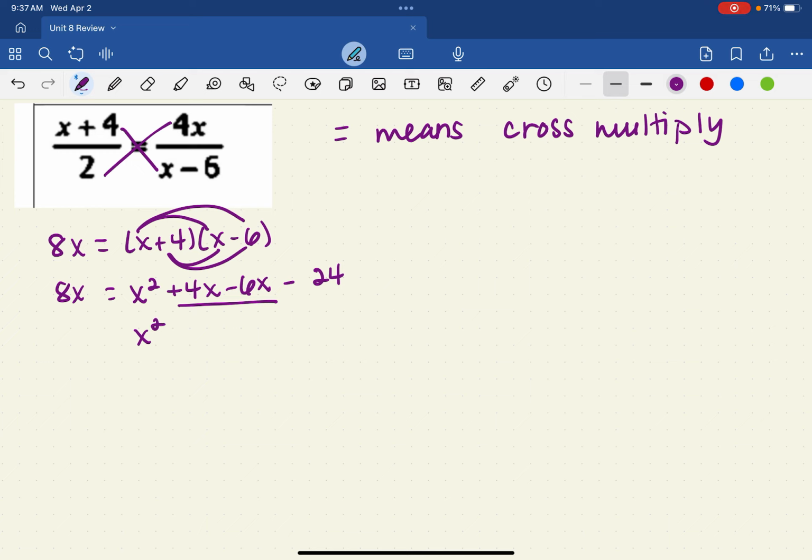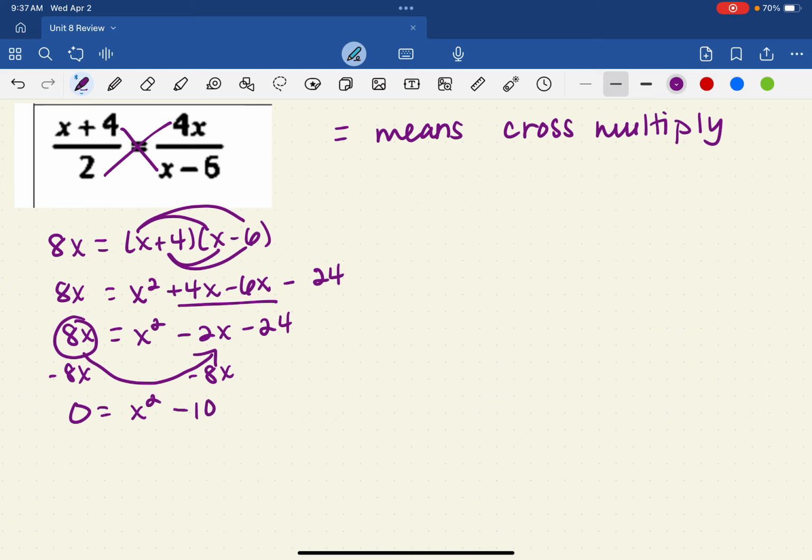So x squared minus 2x minus 24. Remember, this is one of those ones where we want it to equal 0, so I'm actually going to move this over here by negative 8x, negative 8x. So I get 0 equals x squared, negative 10x, minus 24.